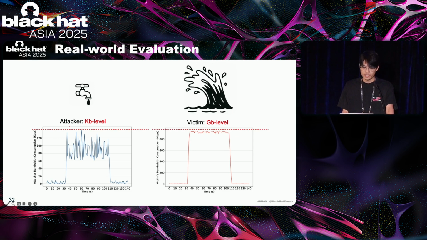Then we sent many requests from our client and measured the traffic on both ends. What we found was striking. Just kilobits of input traffic on the client side result in gigabits of traffic from the origin. This validates the effectiveness of our attack in practice.